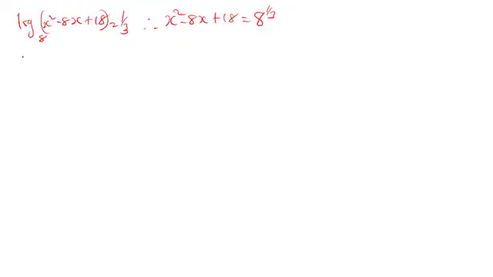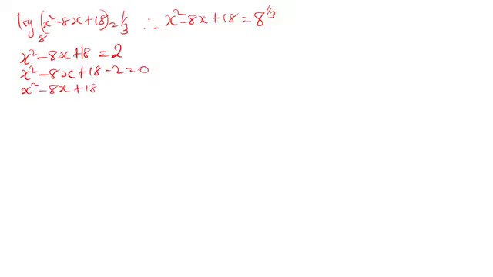Let's maintain our line. x squared minus 8x plus 18 equals 8 raised to power 1 over 3, which is 2. So you bring this 2 over to make it a quadratic equation. x squared minus 8x plus 18 minus 2 equals 0. So you now have x squared minus 8x plus 16, because 18 minus 2 is 16, equals 0.